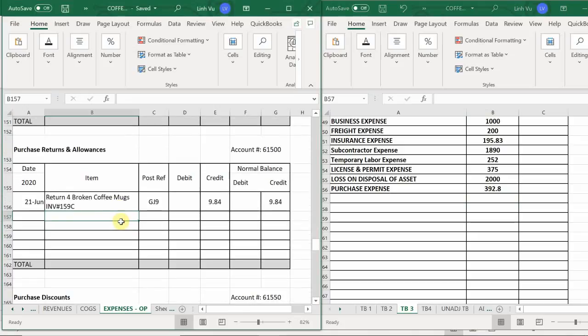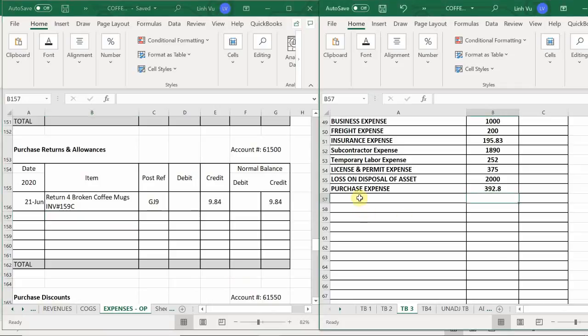We also had some issues with our coffee mugs and had a purchase returns and allowance, for a credit balance of $9.84. $9.84.